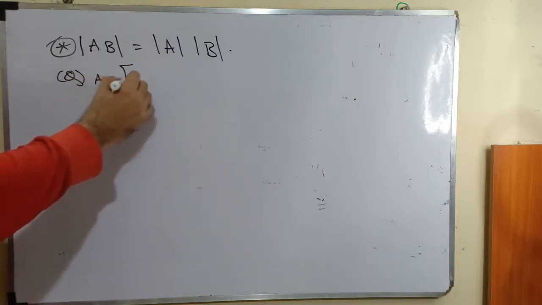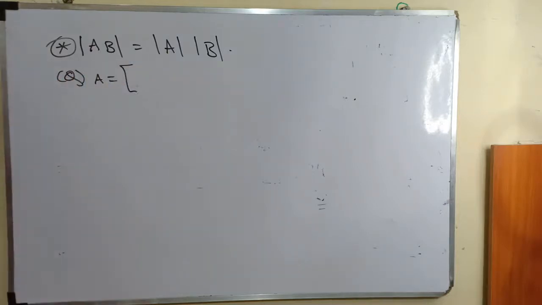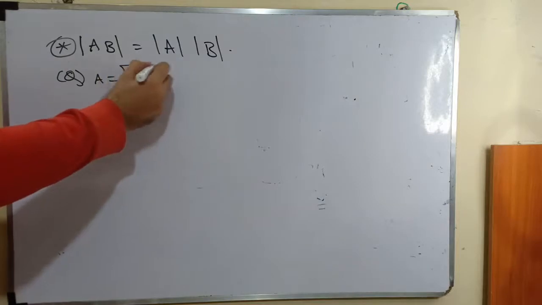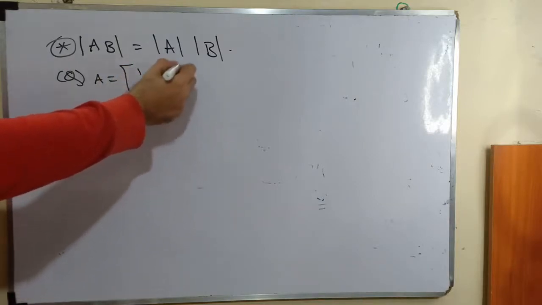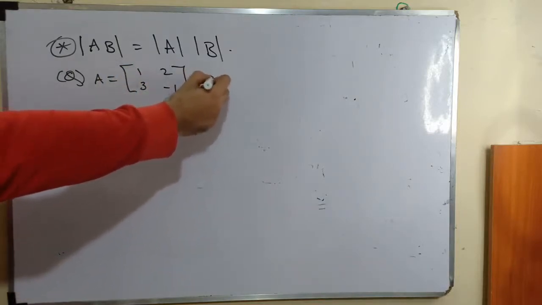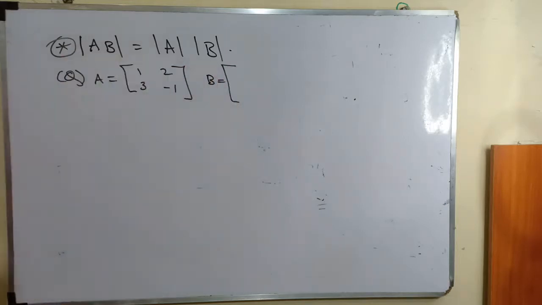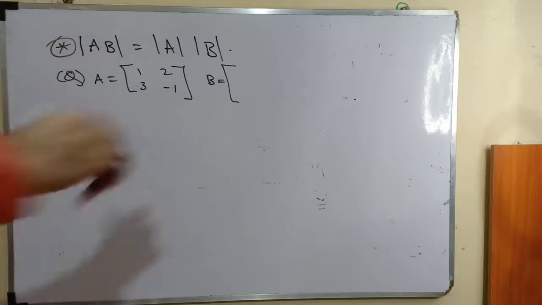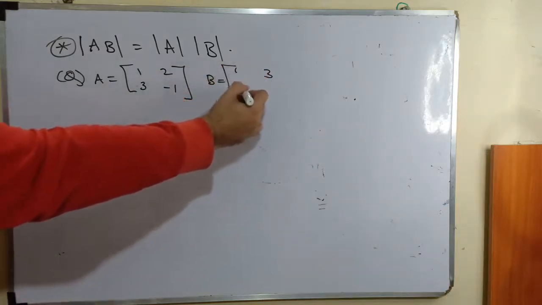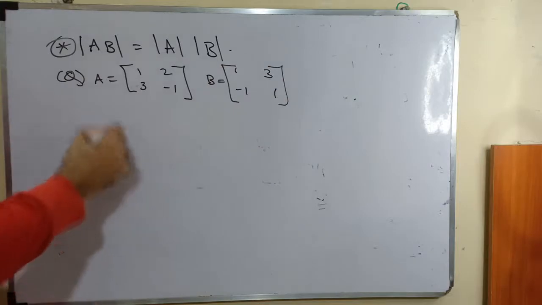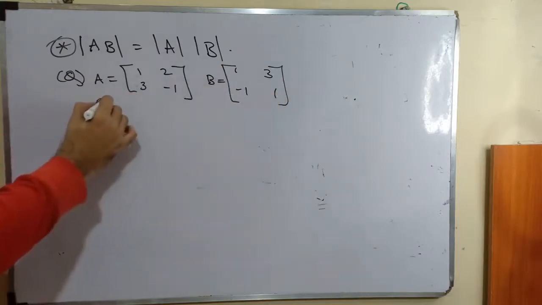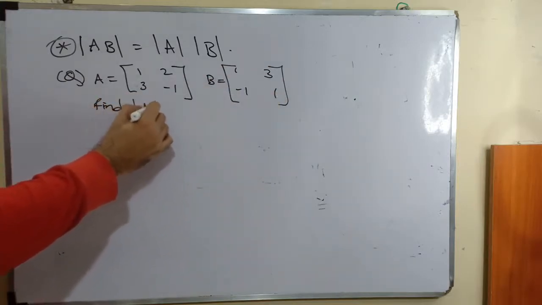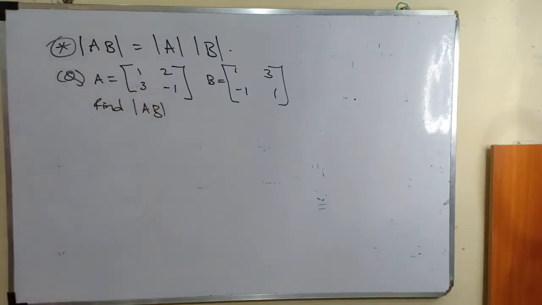They have given matrix A as 1 2 3 minus 1, and the matrix B is given as 1 3 minus 1 1, and find det AB. This is what they have asked us.